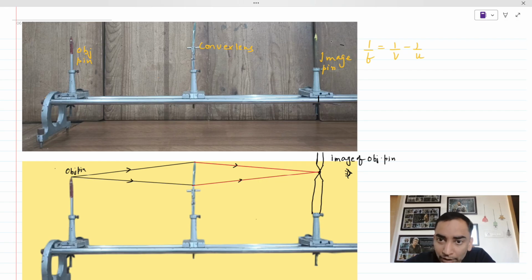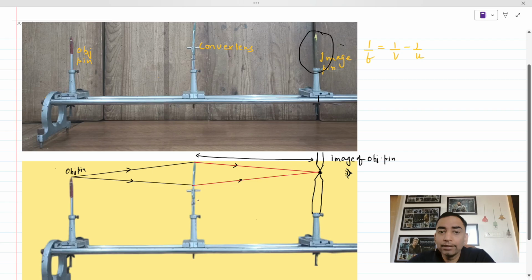You can see that this is your image pin. We have placed it exactly below the image of the object pin, and then we have removed the parallax error. If you do so, then the distance from the lens to the image of the object pin and the distance from the lens to the image pin will be the same.